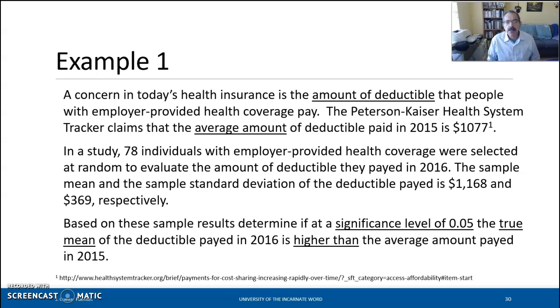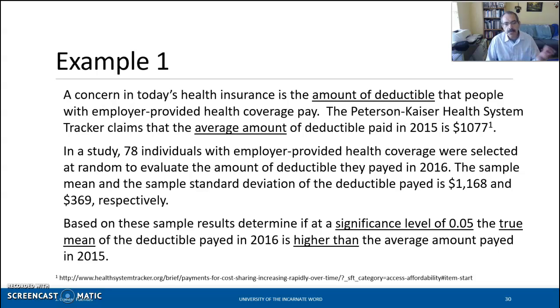The concern is today's health insurance, specifically the amount of deductible that people with employer-provided health coverage pay. The Peterson Kaiser Health System Tracker claims that the average amount of deductible paid in 2015 is $1,077. In a study, 78 individuals with employer-provided health coverage were selected at random to evaluate the amount of deductible they paid in 2016.